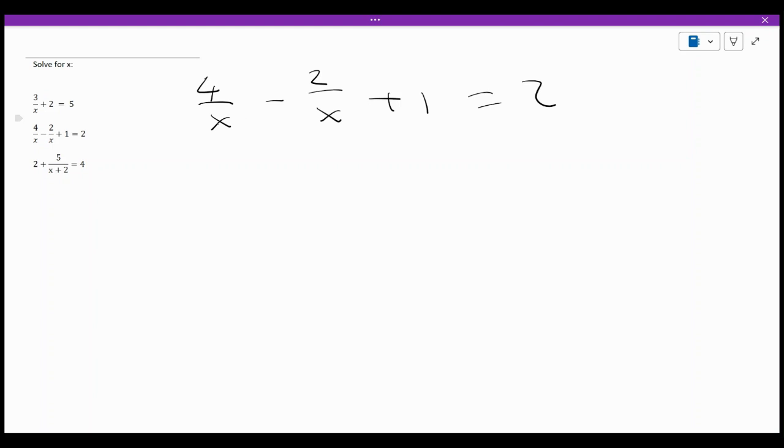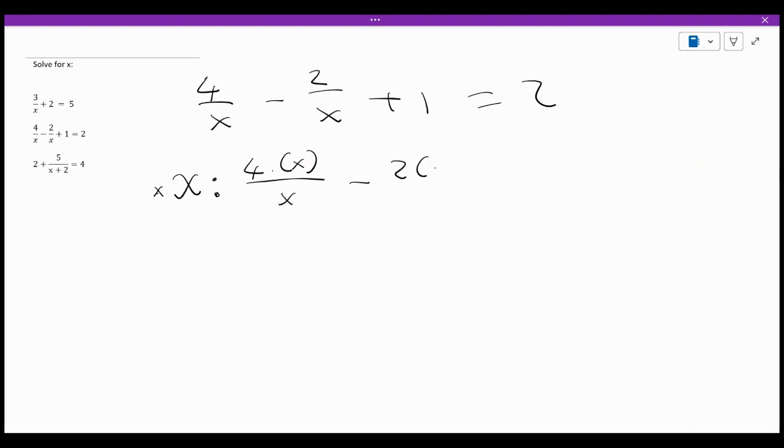In this case, look at the variable that we have. It's x, right? So how can we get rid of x? That's dividing. We need an x that's going to be multiplying with that term. So what we're going to do, we're going to say multiply with x, all right? And this means that you're going to multiply x with every term, okay?